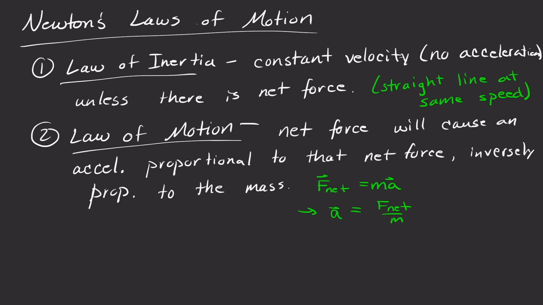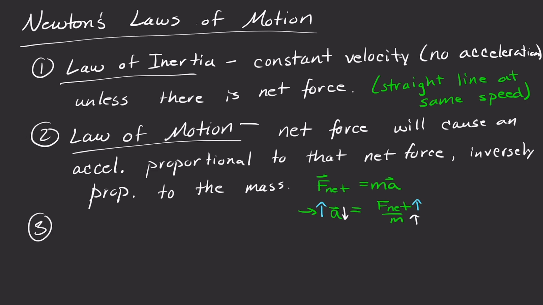So if you increase the net force acting on this mass, you're going to make it accelerate at a greater rate. If you increase the mass, you're going to decrease the acceleration. If you push just as hard on an object that's heavier, or a more massive object, it's not going to accelerate as much. If you push with a harder force, then it will accelerate more. So this is the relationship between acceleration, the net force, and the mass.